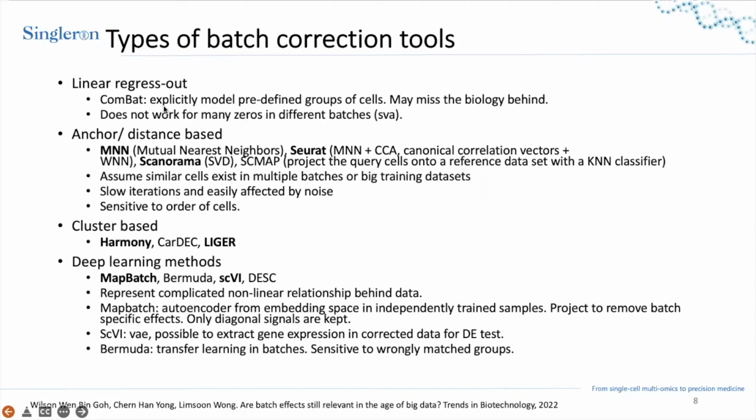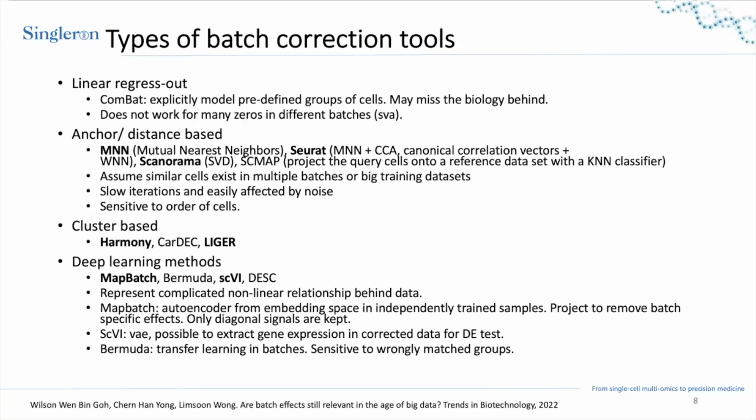So when this happens, it may miss the biology behind it. For example, in the previous UMAP, when we observed the disease samples versus normal samples, even for the same treatment types, they may exhibit some differences. So sometimes ComBat may overcorrect in this kind of situation.